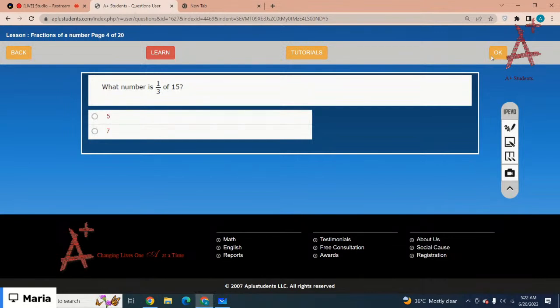Which is the correct option? One third of 15 is, yes, that is just 5. The correct option is 5.